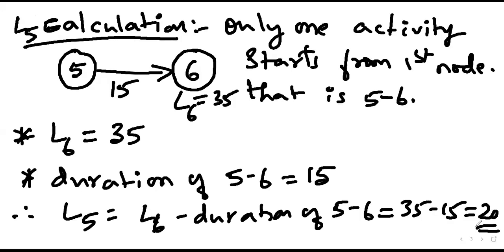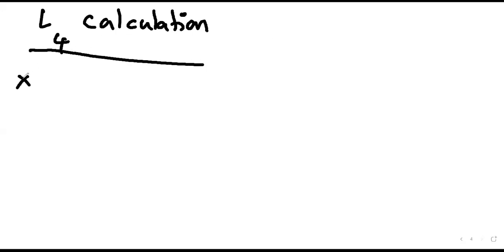Okay, next is the last equation we have formed. L5 is calculated. Next is L4 calculation. So which activity starts from the fourth node? 4 to 7.